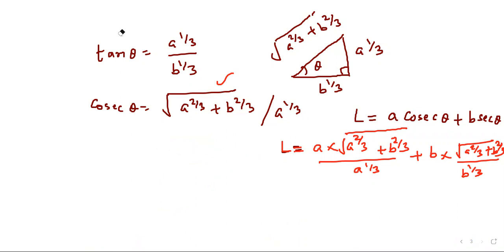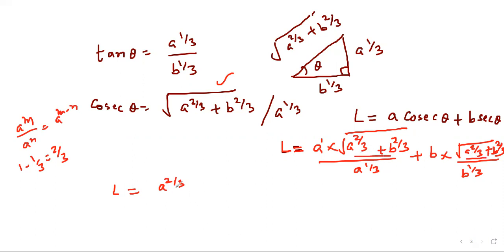On simplification, we get L equal to here a power 1 divided by a power 1/3. So power rule a power m divided by a power n is a power m minus n. So here 1 minus 1 by 3, that will give 2 by 3. So we can say a power 2 by 3 times here this term is common.